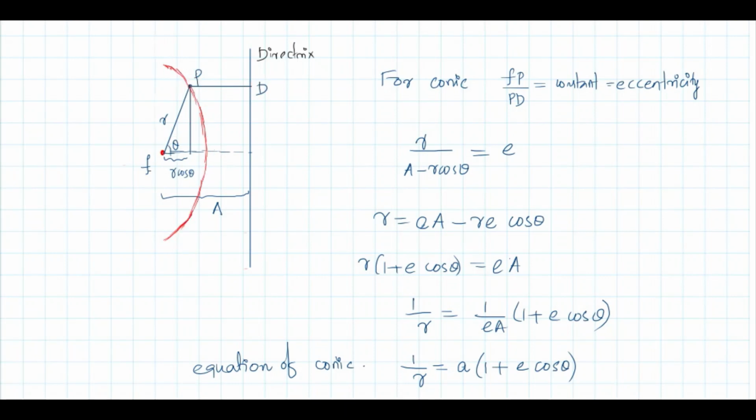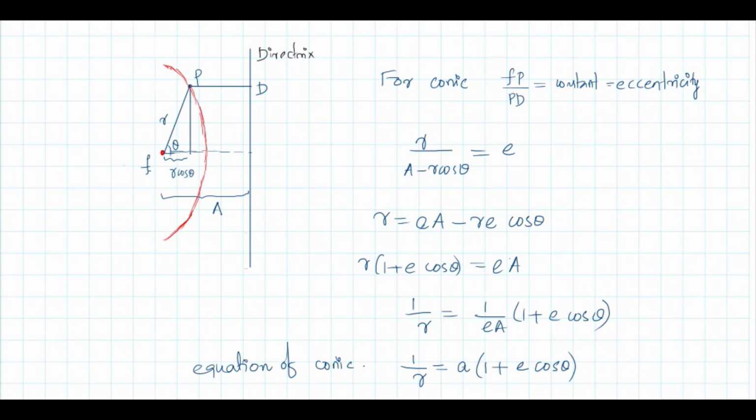Fp by Pd is equal to a constant. What is Fp? Fp is actually the radial coordinate of this point, r, and this angle is theta, so this length is r cos theta. So Pd, I can write as a minus r cos theta, where a is the distance between the focus and the directrix.